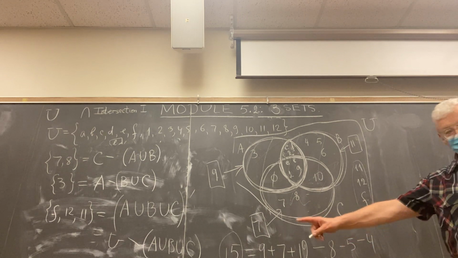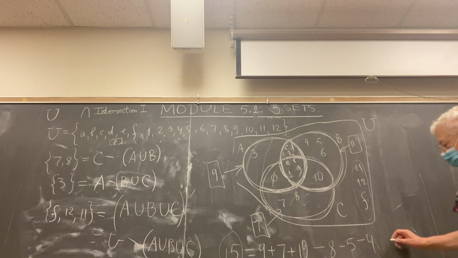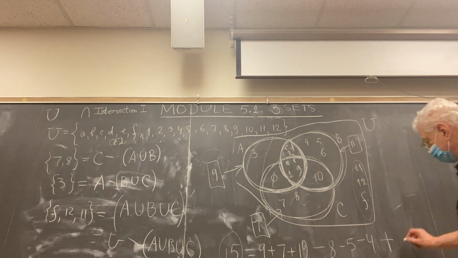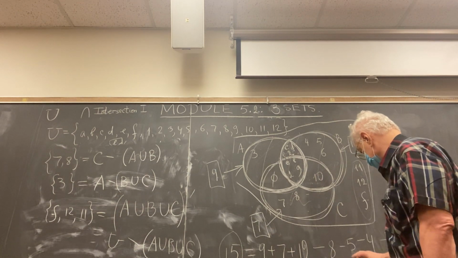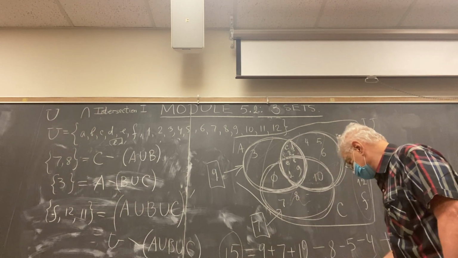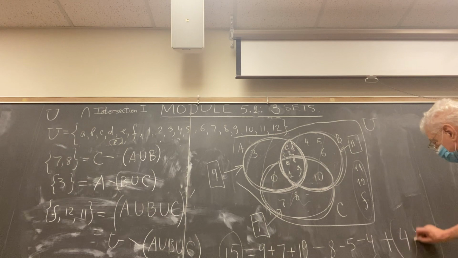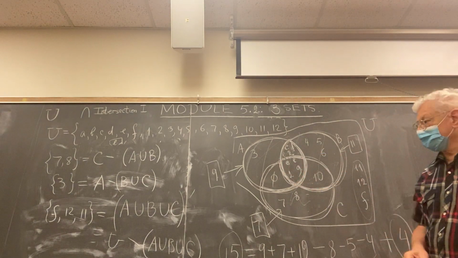But this should be 15, so we subtracted too many. What do we have to add to get 15? This is 28, this part is 17, so the difference is 11. Plus 4 will be 15. This 4 is actually this part.